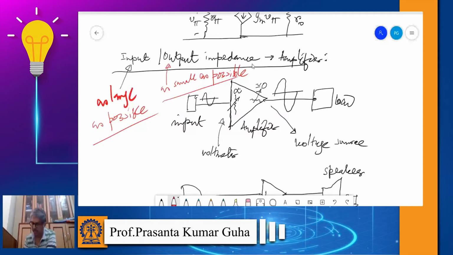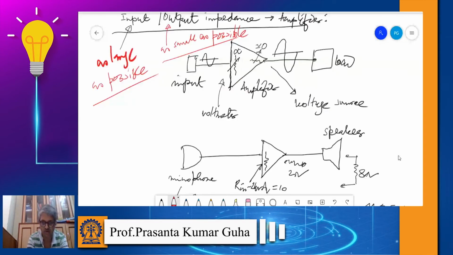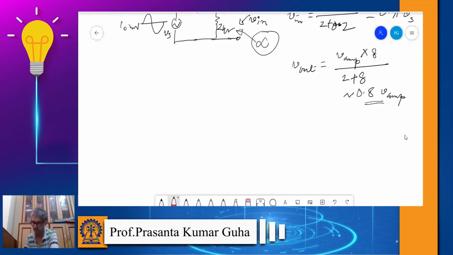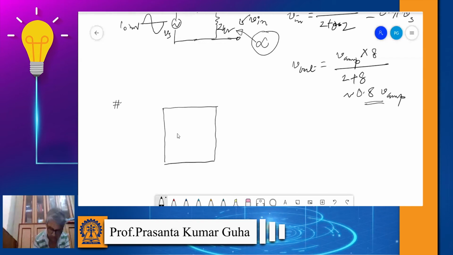Now how we can find out this input and output impedance, that we should understand, although I will cover that very briefly. The way we usually find out input and output impedance, say this is my amplifier.